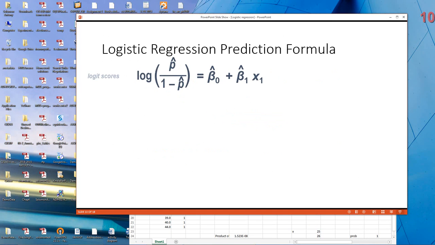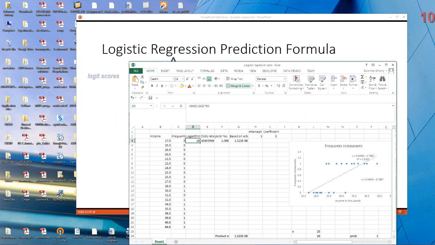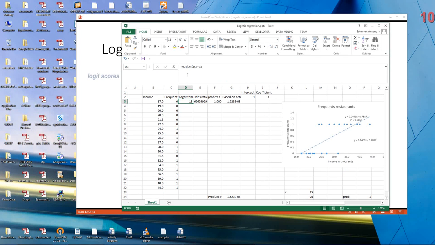Using this formula, I calculate the left hand side, which is intercept plus independent variable times the coefficient. Then for this value, I take the exponential of that. That's my odds ratio.